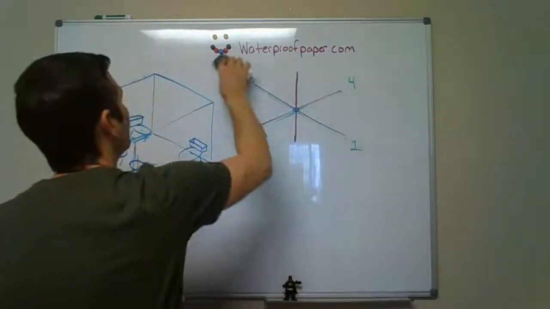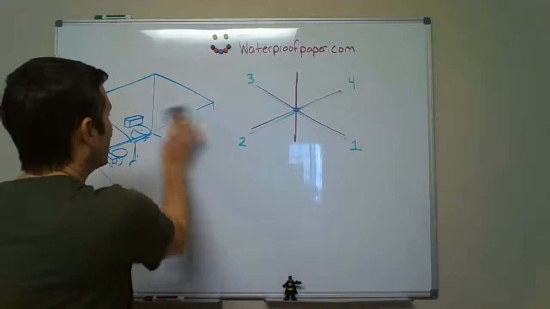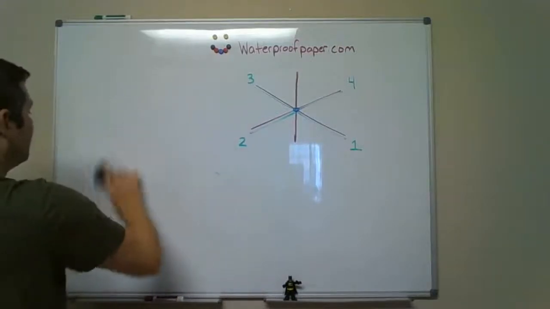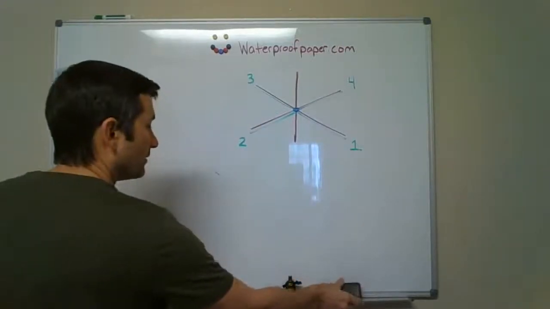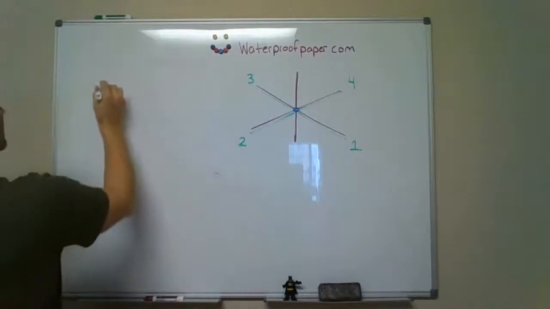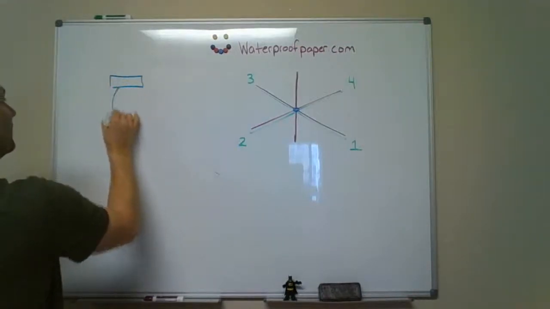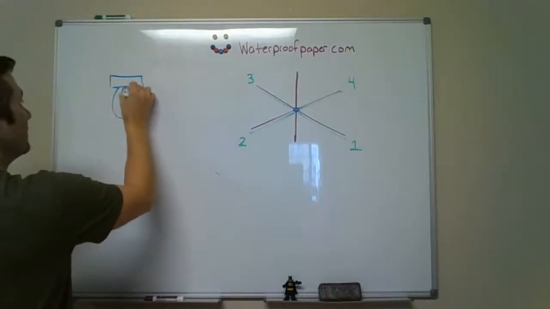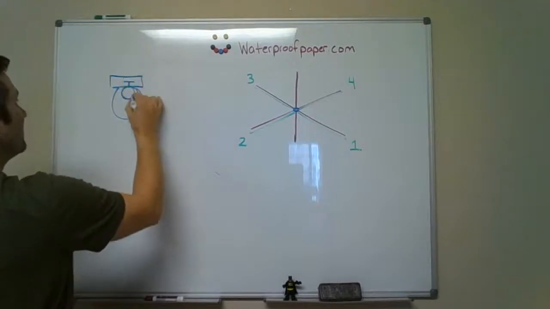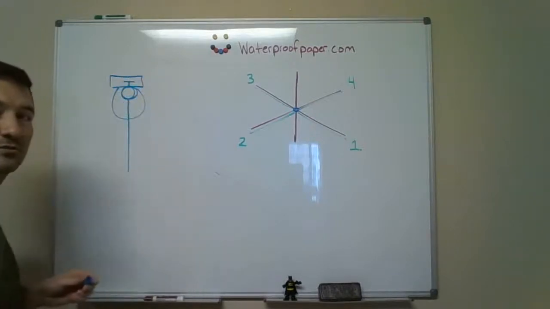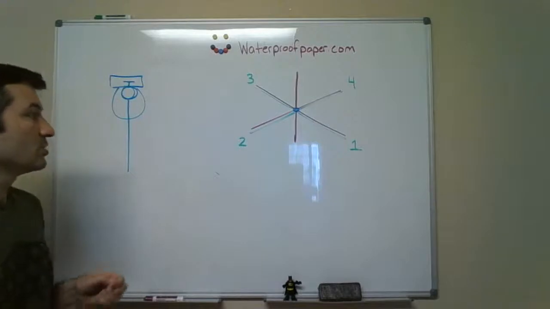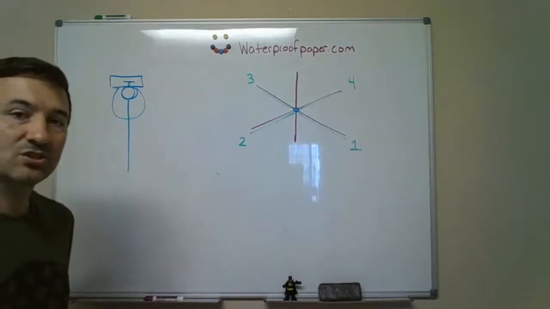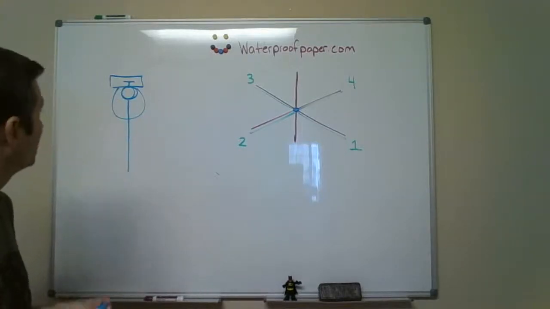Okay, so let's jump back and look at that toilet. Here was the toilet from a bird's eye view, the circle, the clean out in the back, and the drain that went in this direction. So where I like to start is with the vertical circle.